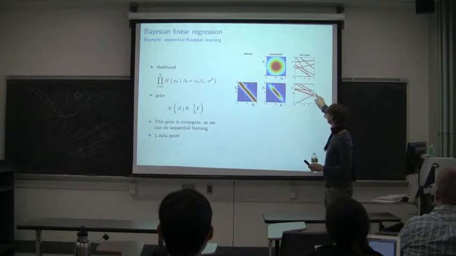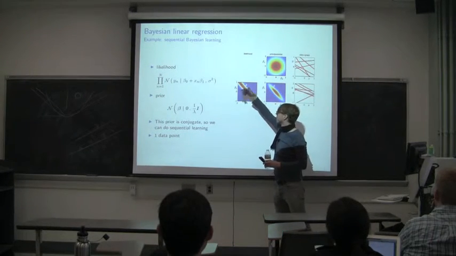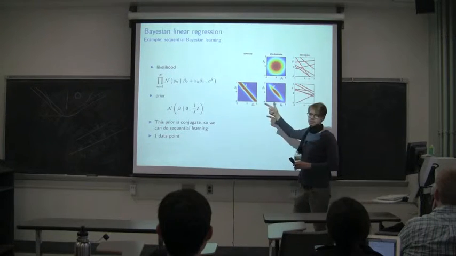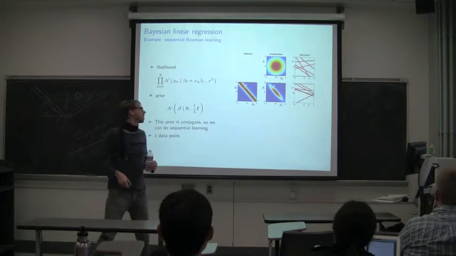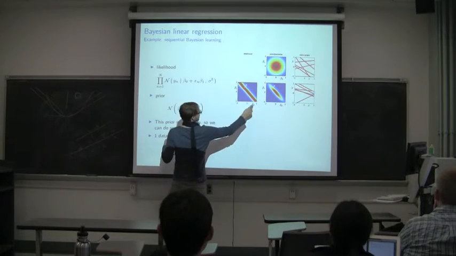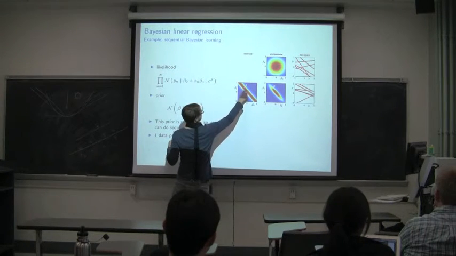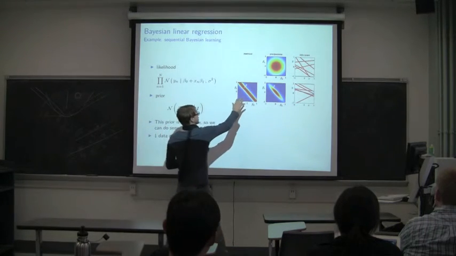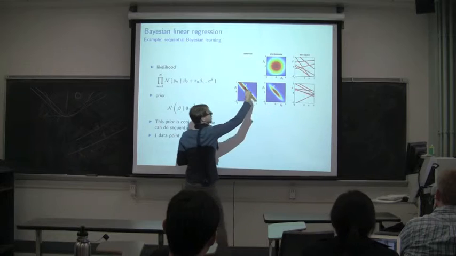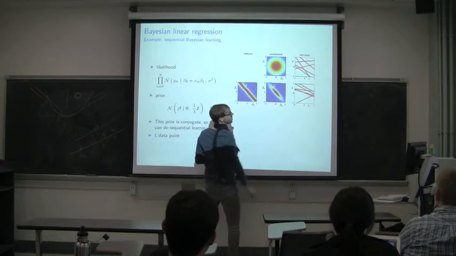If you plot the likelihood as a function of the bias and the slope, you get this sort of Gaussian line. Whenever you pick a set of beta 0 and beta 1 that lies here in the middle, it will give you the same likelihood for that one data point. Now we take this distribution, multiply them together, normalize it, then we get this distribution.